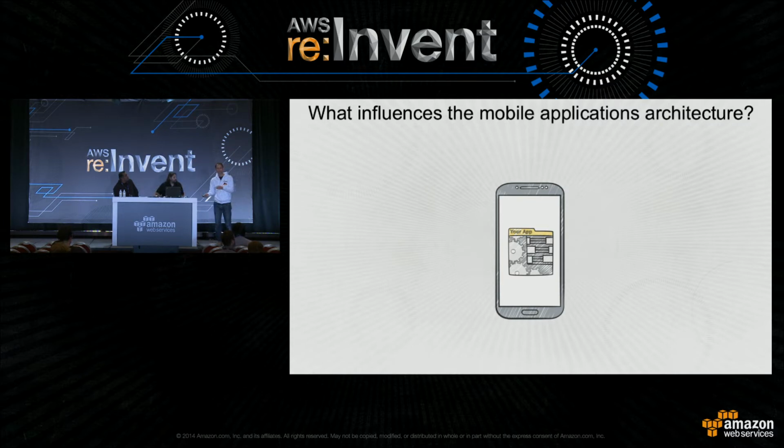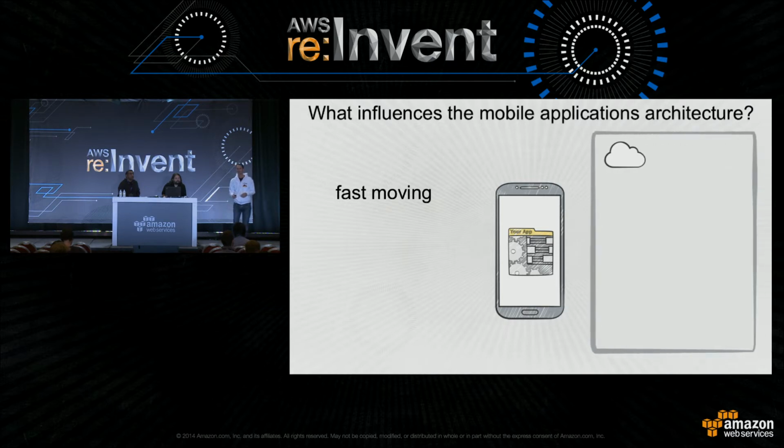Let's first step back a little bit and check out what influences a mobile application. It's a fast-moving market. You all know this. So this means that you need to be agile. You also need to be backward compatible because if you're always introducing new features, your old phones, your old applications need to still work.